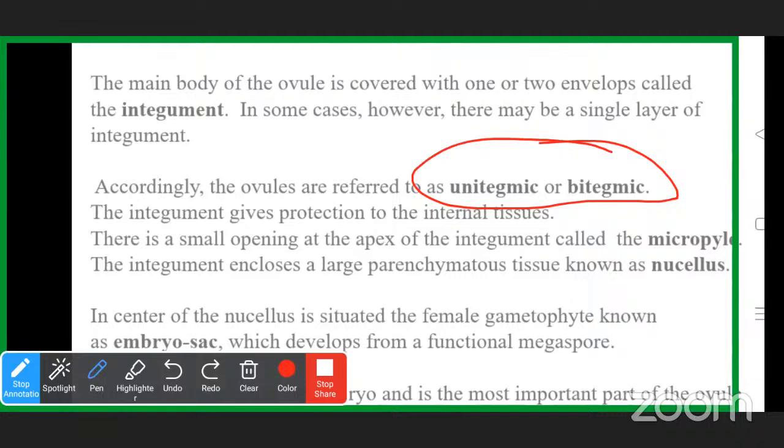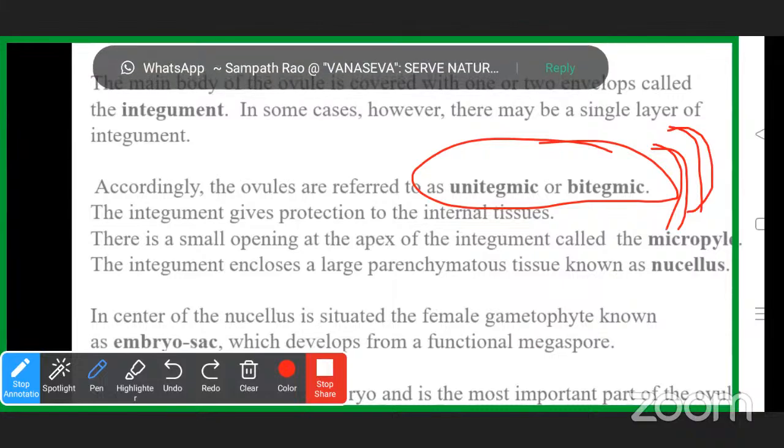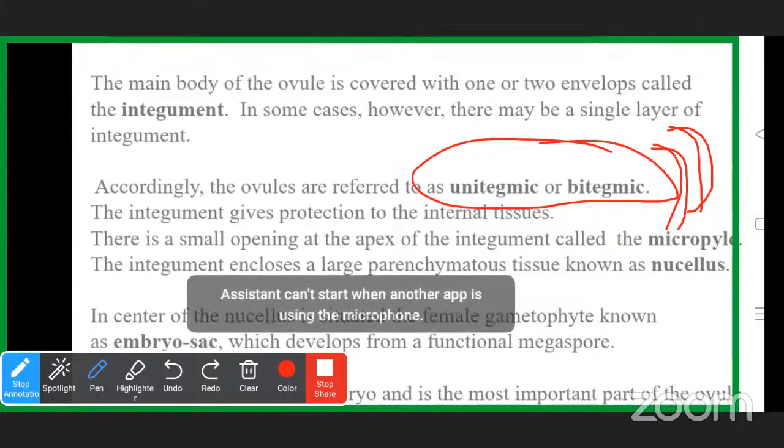If there is no integument, that is ategmic. If only a single integument, unitegmic; two integuments, bitegmic.